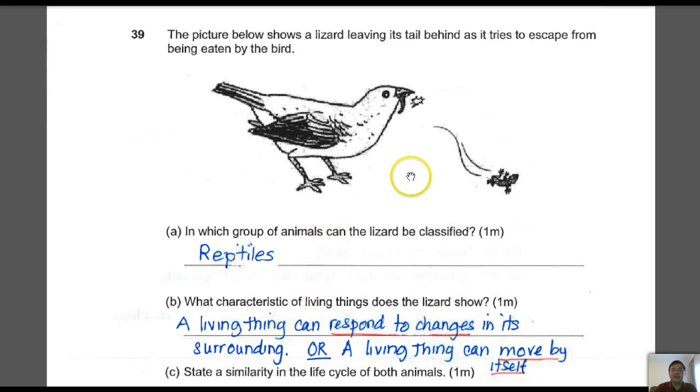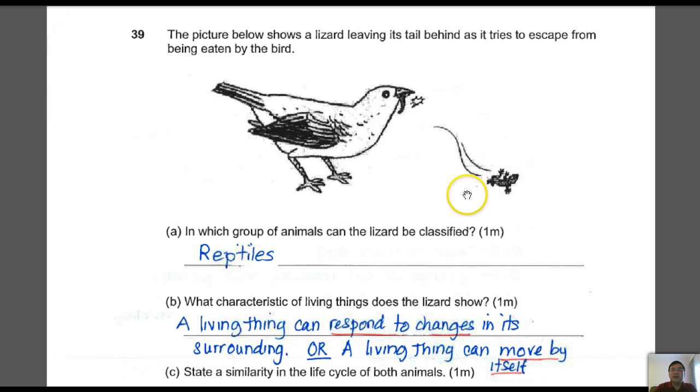Now the lizard here is responding to the stimuli, the attack from the bird, by dropping its tail and allowing the bird to handle the tail, and it escapes from the bird. It's a sort of distraction.